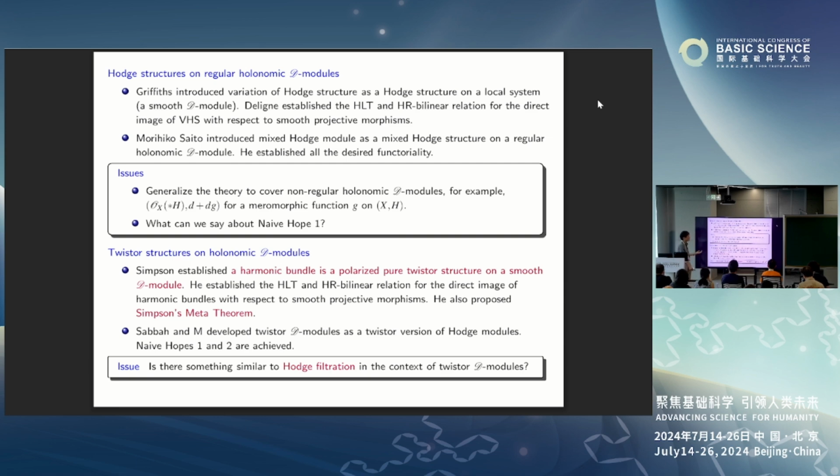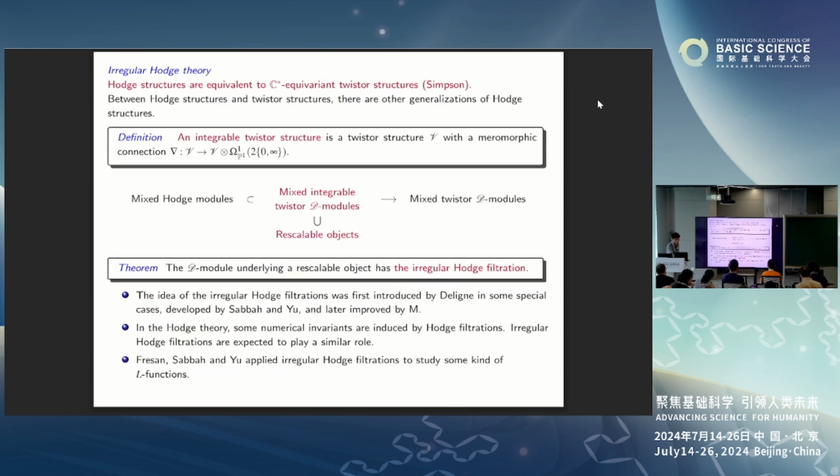For some applications of Hodge theory, the Hodge filtration plays a very important role. So we can ask if there is something similar to the Hodge filtration in the context of twistor D-modules. And it was studied by irregular Hodge theories. As I mentioned, Hodge structures are equivalent to C-star equivariant twistor structures. And between Hodge structures and twistor structures, there are other generalizations of Hodge structures.